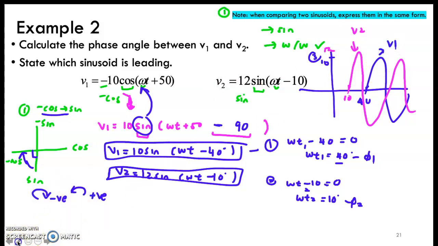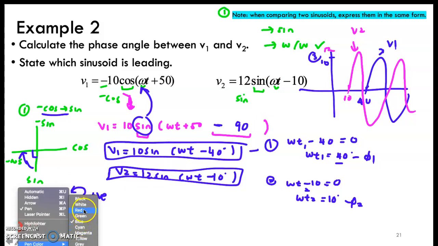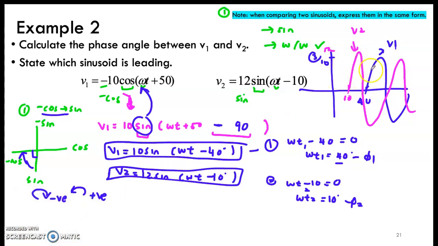Okay, now how are you going to see which one is leading, which one is lagging? Looking from this figure, which one is leading? V2 leads V1, right? Because V2 reaches first. By how many degrees? You can see the distance between V2 and V1 here is 30. So by 30 degrees.